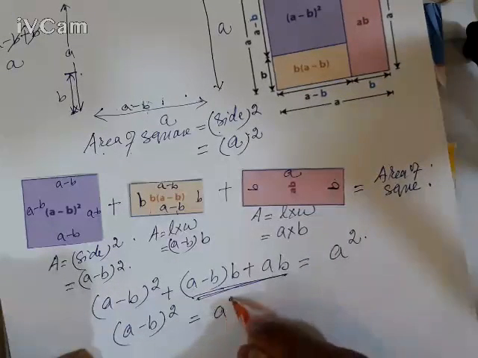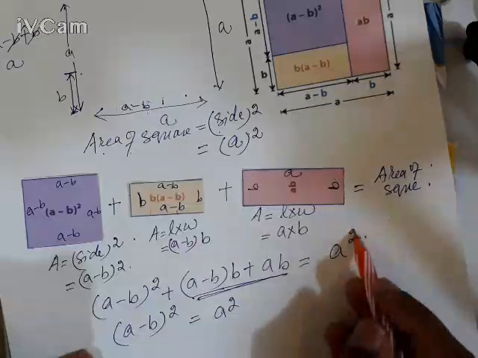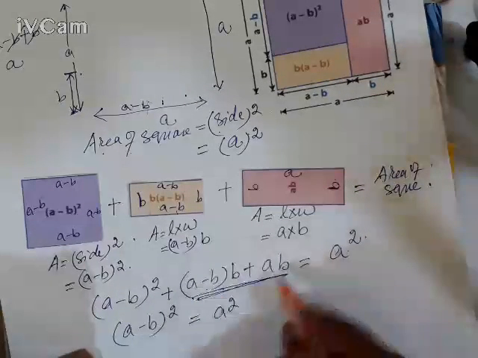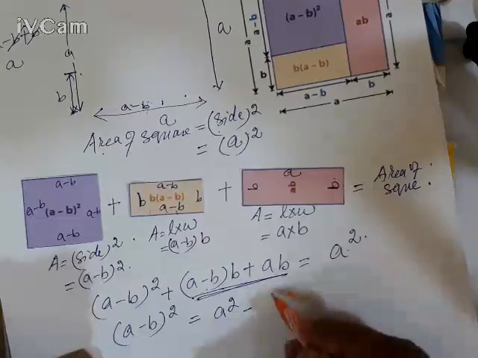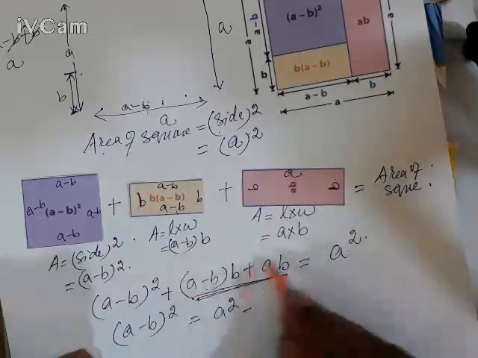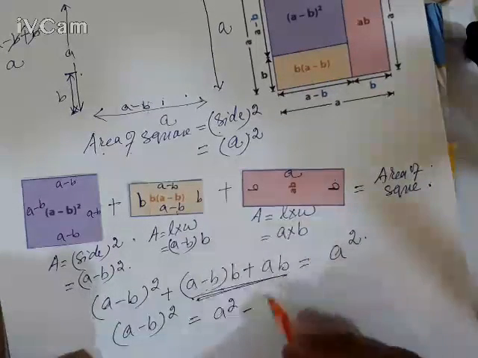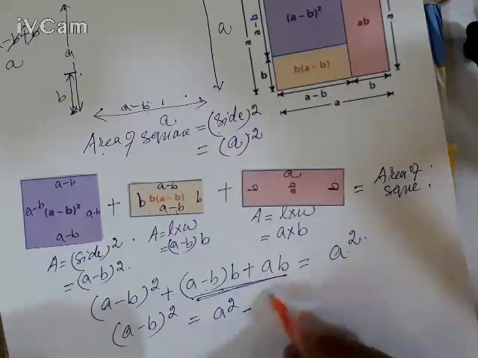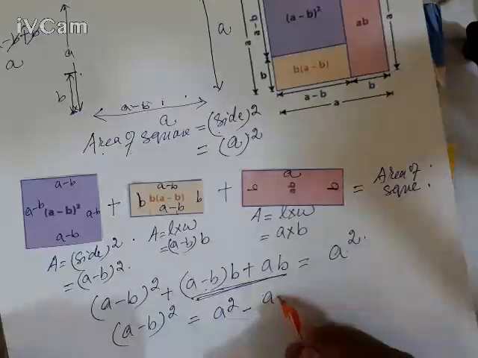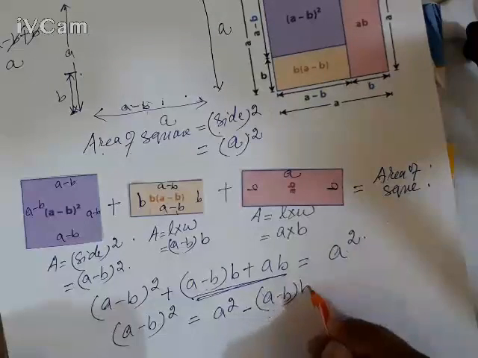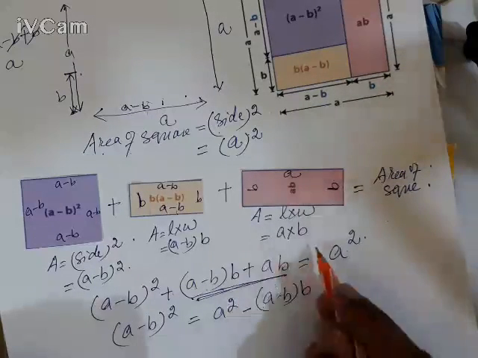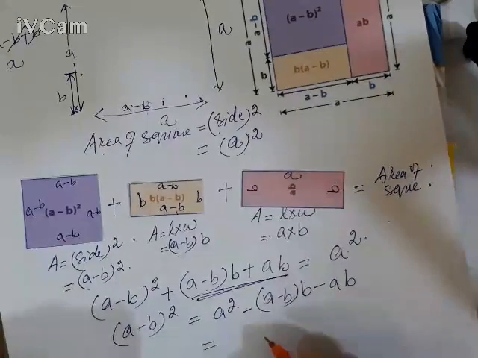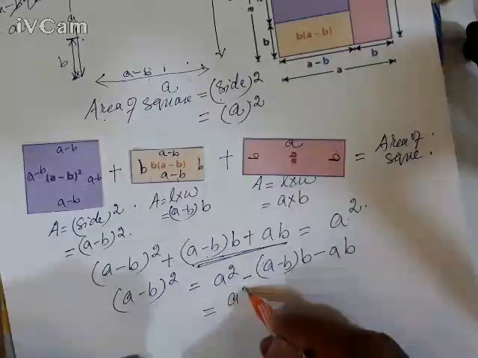So a square, which is this one, and we will move these areas on the other side. So it will be minus, when these areas are shifted on the other side, all the signs will be changed. So this is plus and it will move on the other side, it will be minus. A minus b bracket b, this is plus, it will be minus ab, which is further equal to a square.